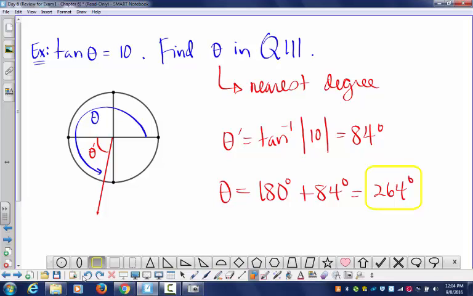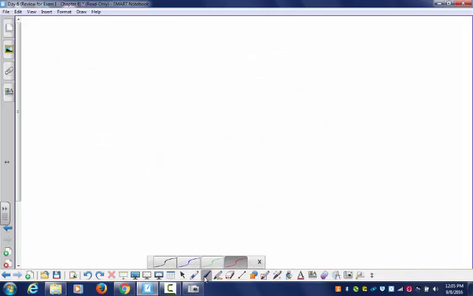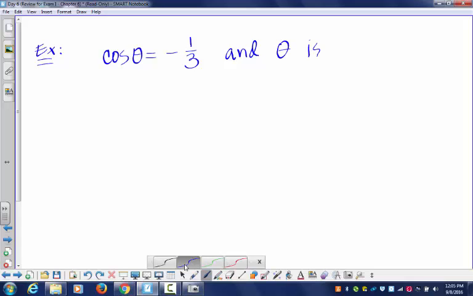Okay. Let's try this one. Do another one of those. Let's suppose we have cosine of theta equals negative 1/3, and theta is in, let's go with quadrant 2.